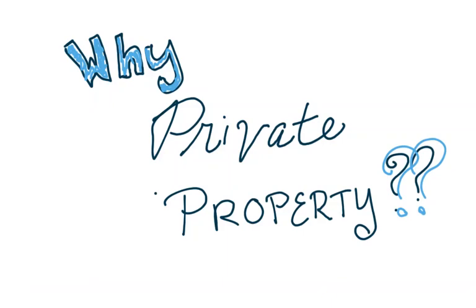So why private property in the West? The justification for private property rights in the West is based on the writings of many classical philosophers, perhaps most notably John Locke. But before we get into Locke's labor theory of property, we need to talk about one theory that came before Locke's theory of property, and that is the theory of first occupancy.